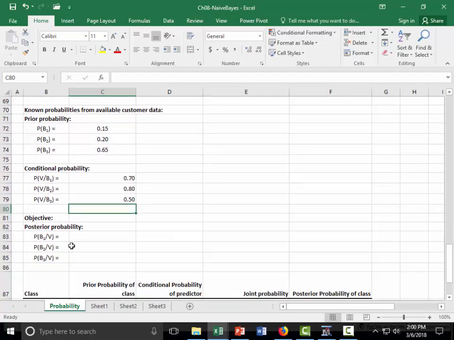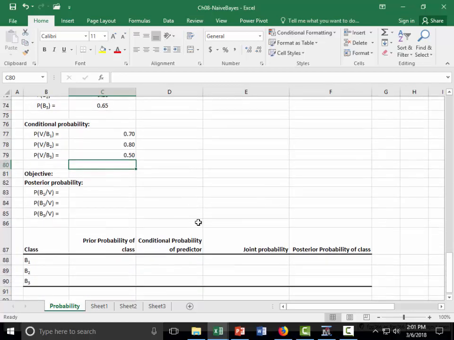Now, our objective is to find posterior probabilities. So given that customers spent 15 minutes or more, what is the probability that the customer will make a purchase of $500 or more, or less than $500, or not make a purchase?